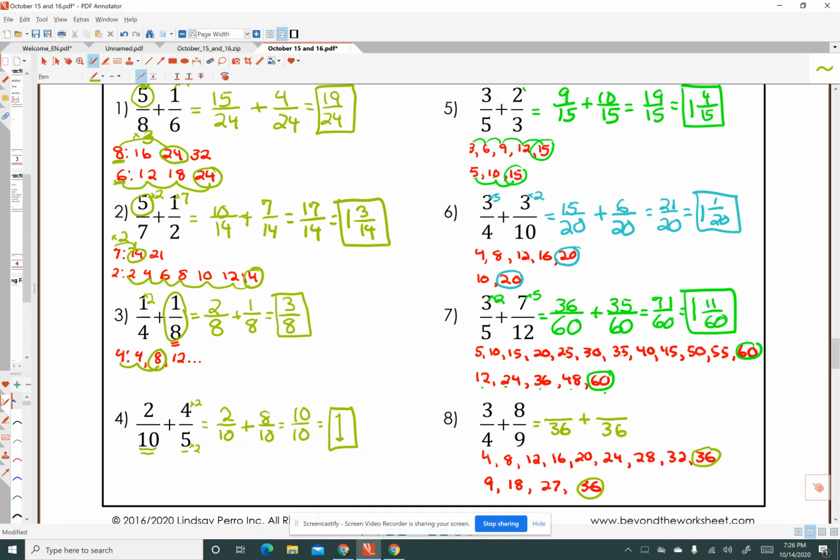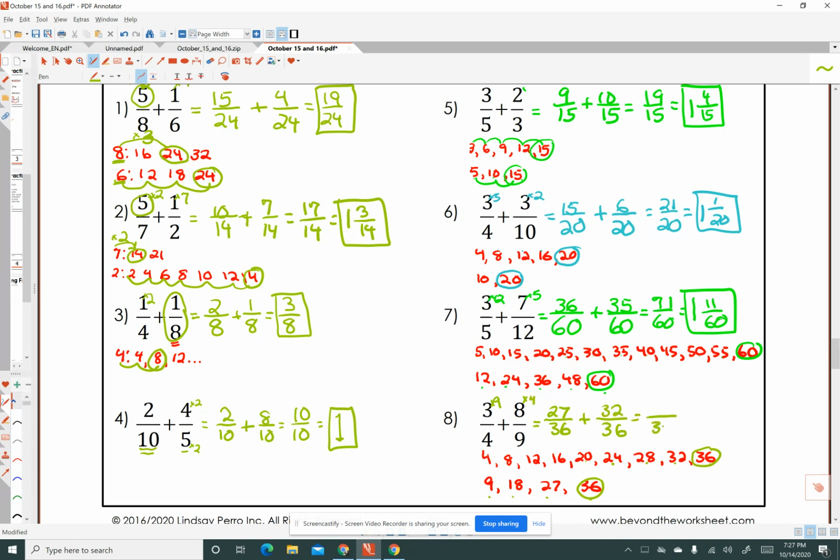And I multiplied 4 times 1, 2, 3, 4, 5, 6, 7, 8, 9 to get to 36. So 3 times 9 is 27. I multiplied 9 times 1, 2, 3, 4 to get the 36. So 8 times 4 is 32.